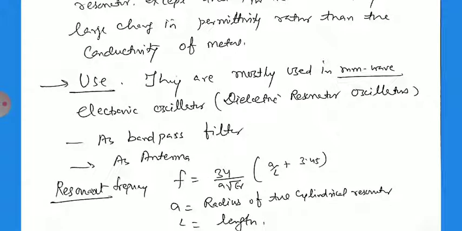Now, what is the resonance frequency? F equals 34 divided by a root epsilon r, times (a by L plus 3.45), where a is the radius of the cylindrical resonator and L is the length of it. So this is all about the dielectric resonators and the microstrip lines. Mostly the questions asked are very small questions in section A. Thank you.